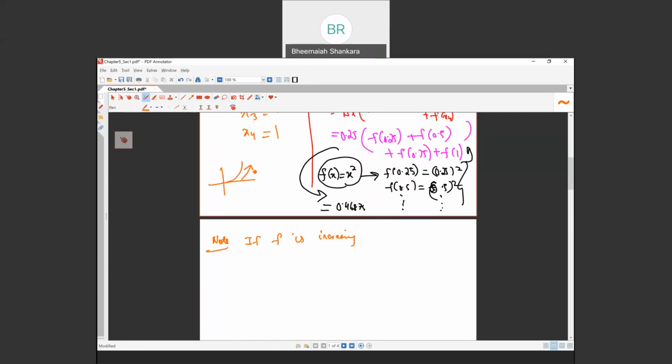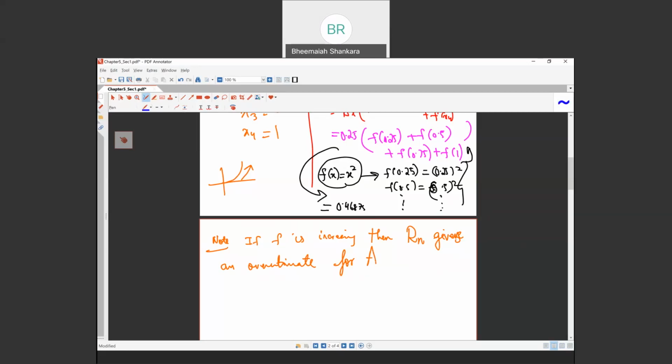If the function is increasing, then R sub n gives an overestimate for the area under the curve A. R sub n is the area of the 4 rectangles in this example.